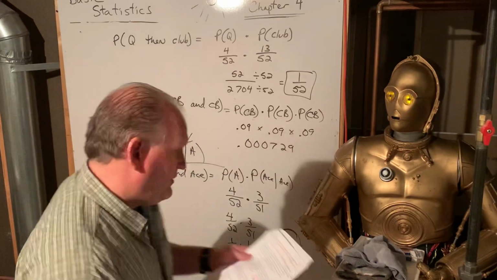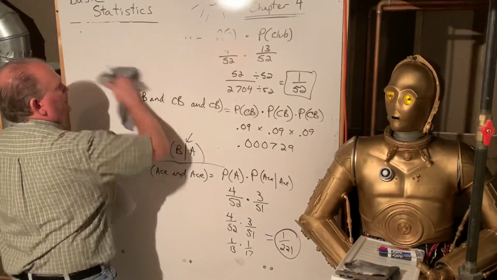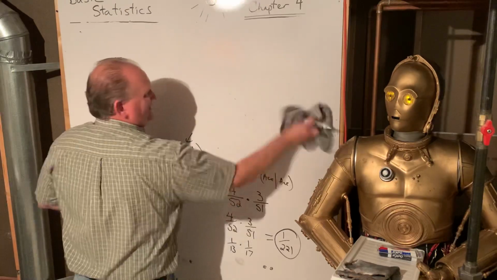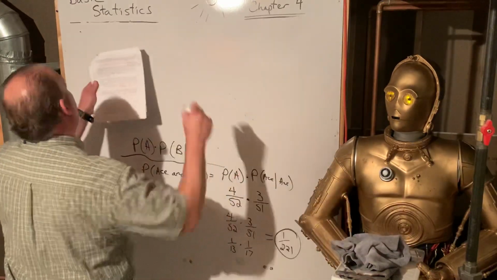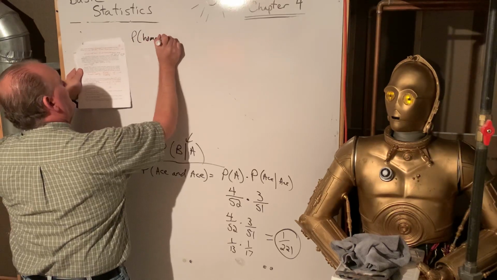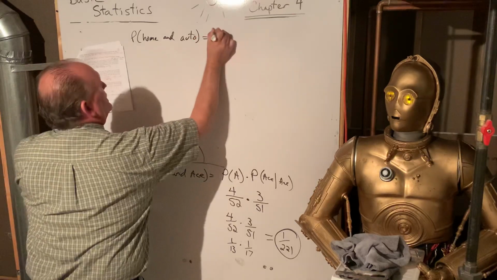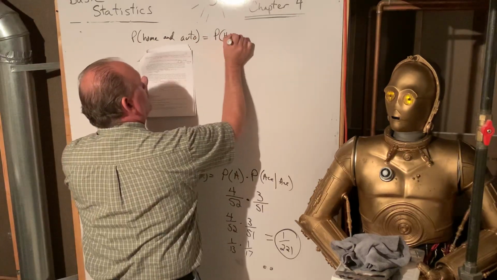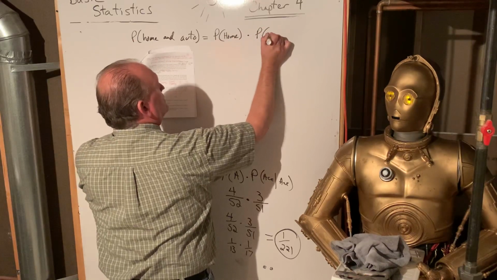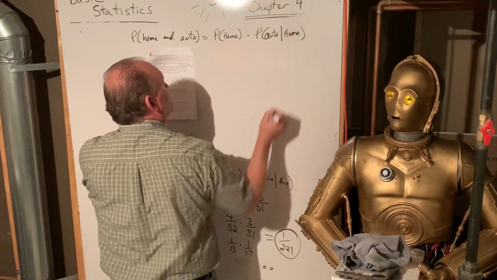Okay, so let's get rid of this and take a look. That is the probability of home and auto, and so that's the probability of home times the probability of auto given you have your homeowners with them.